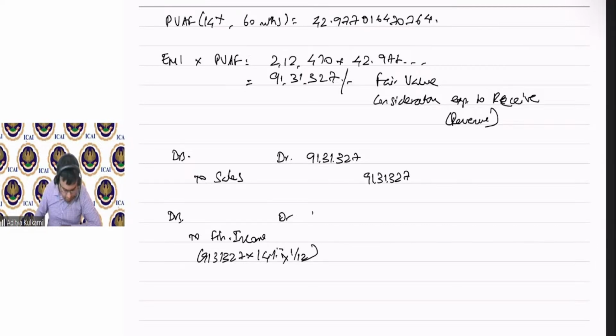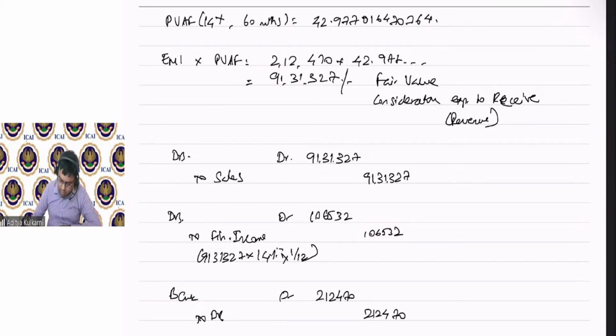Every month you will have to do this. 1,06,532, and then you record the payment. Bank account debit to debtors, 2,12,470. So this is the entry that you will pass every month. At the end, the debtors will also nullify, and the finance income would be recognized entirely.